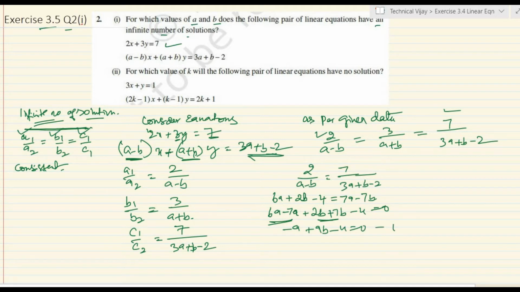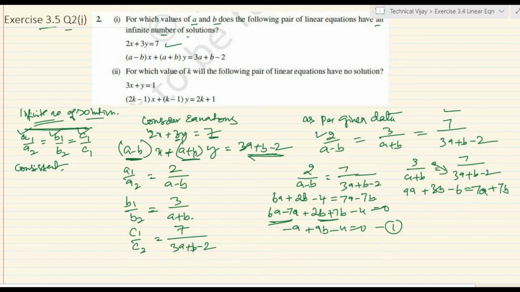This is one equation. Okay, so one more equation is 3 divided by a plus b is equal to 7 divided by 3a plus b minus 2. So cross multiplication, 3 into 3a plus b minus 2 means 9a plus 3b minus 6 is equal to 7a plus 7b.